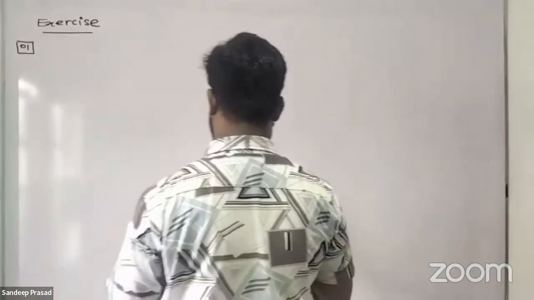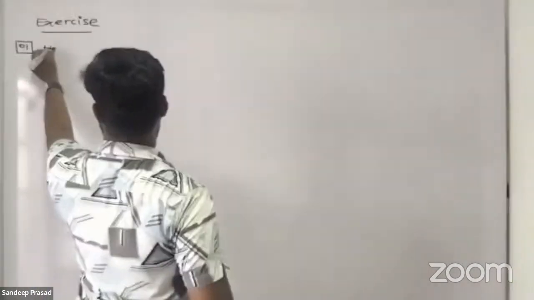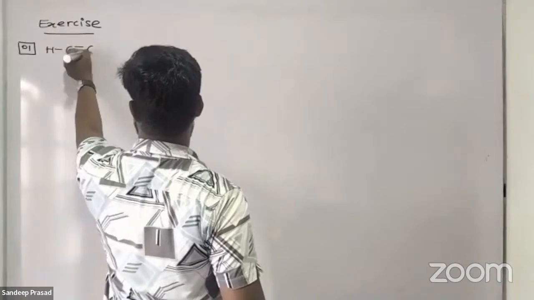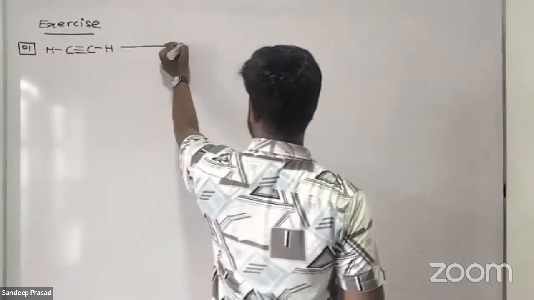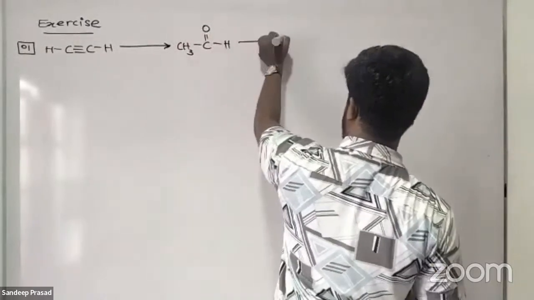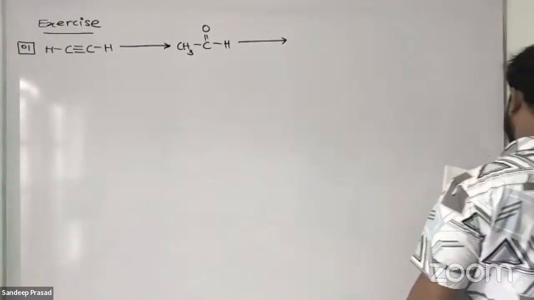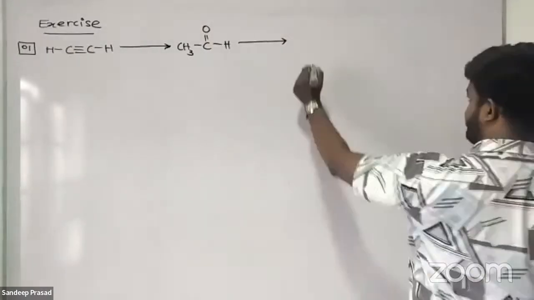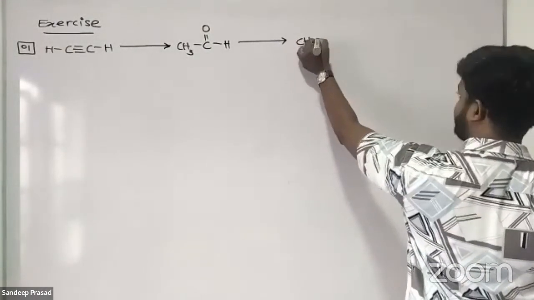One. Alkyne, ethanol, right? Put the reagents on there. CH3.